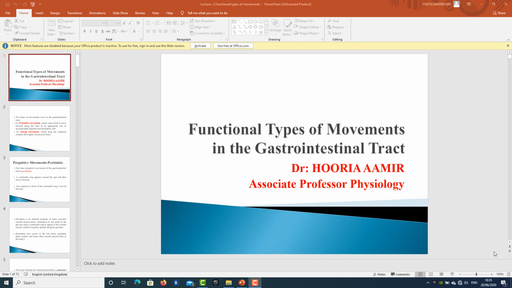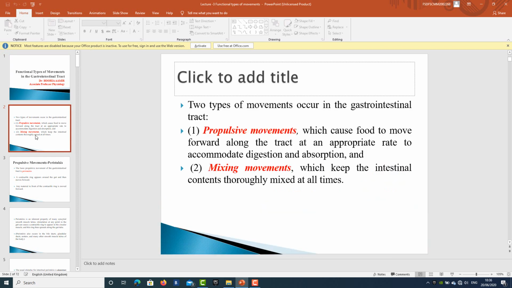Today's lecture is regarding the functional types of movements in the gastrointestinal tract. What we need to know about the movements of the gut is that there are two types of movements in the gastrointestinal tract.